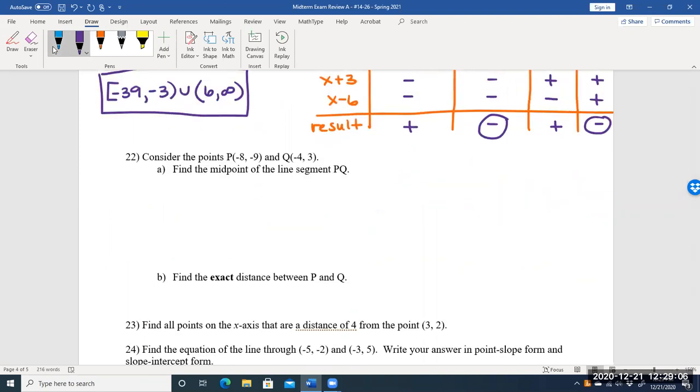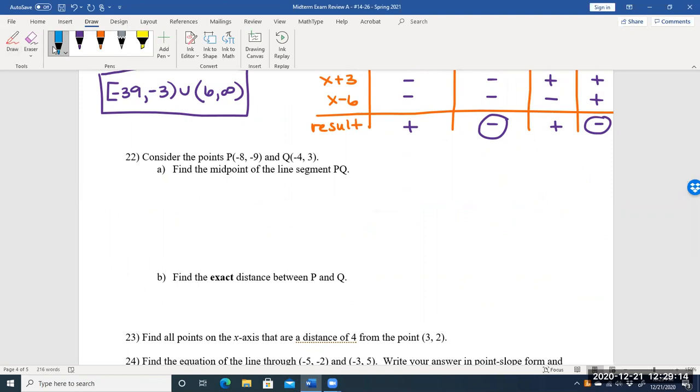All right, number 22. 22 is really just kind of plugging and chugging into some formulas that we discussed. For the midpoint formula, the midpoint is equal to x1 plus x2 over 2, comma, y1 plus y2 over 2.